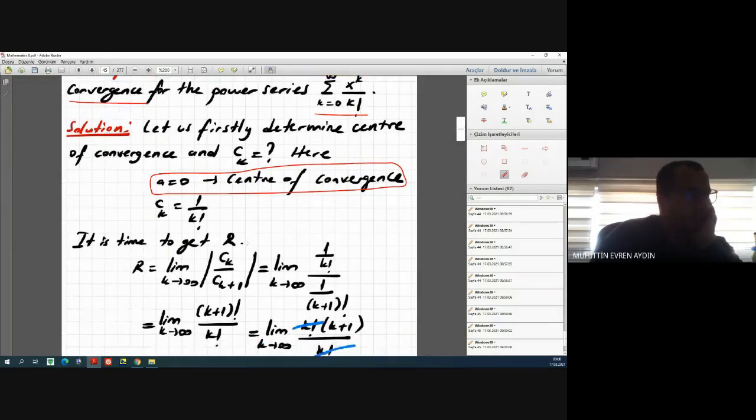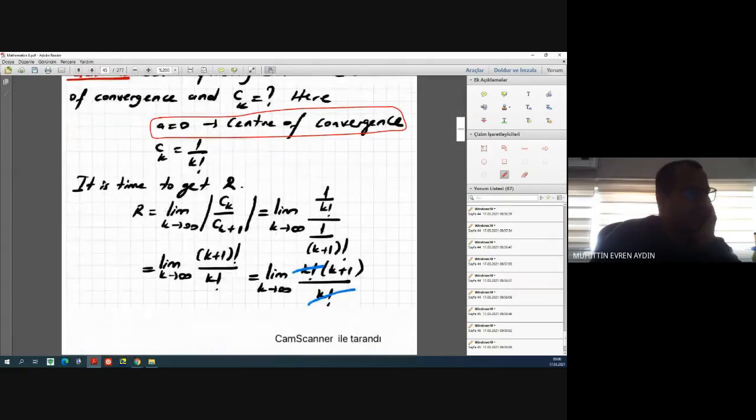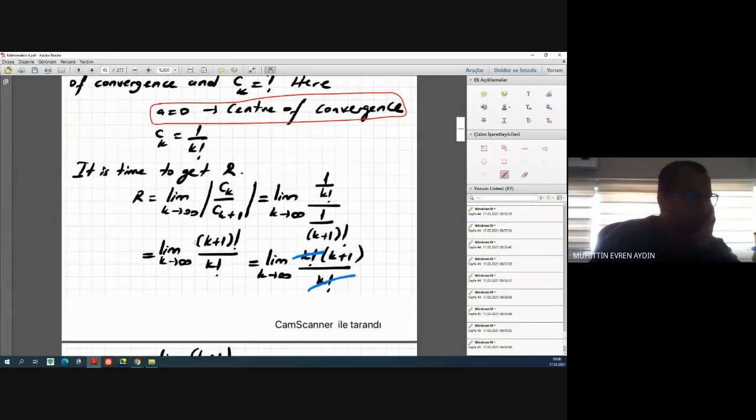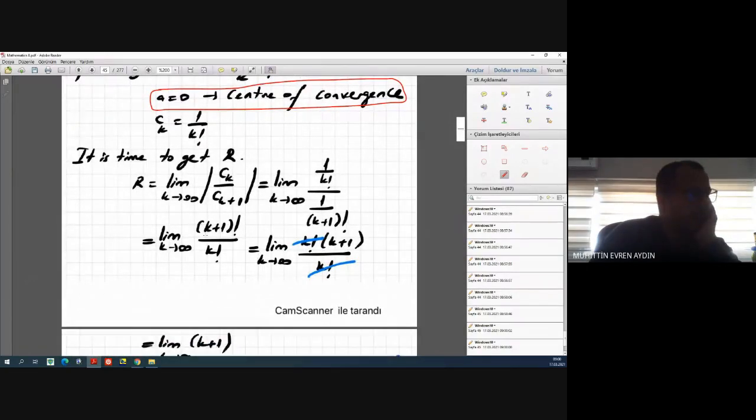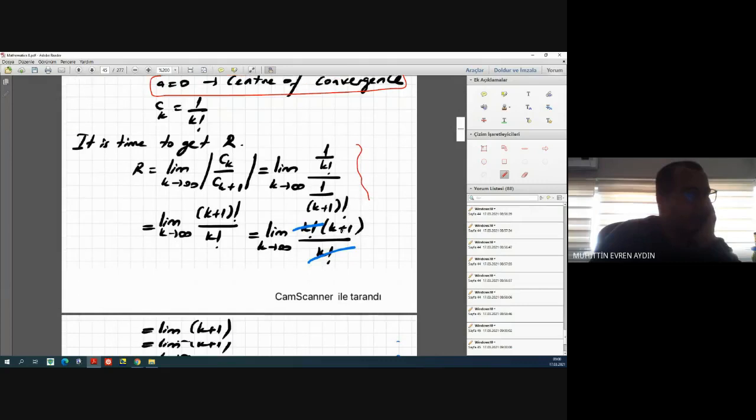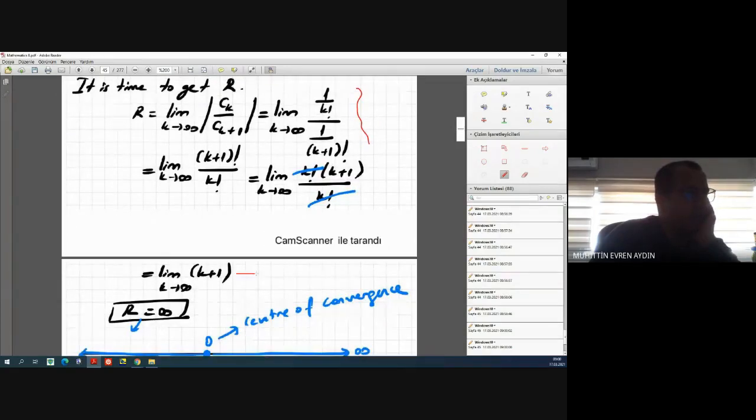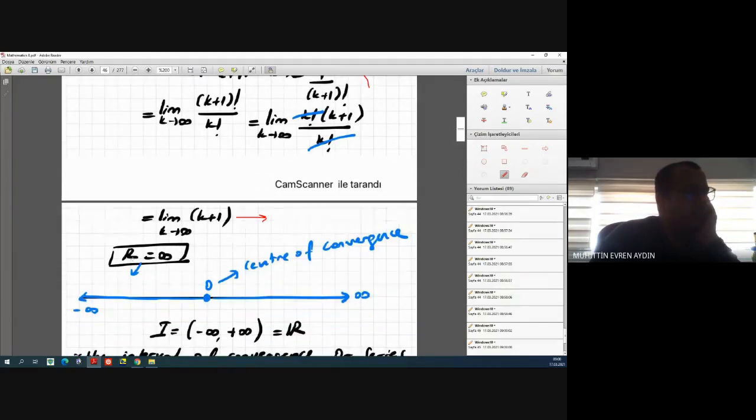So for the radius of convergence, after some manipulations, we use the properties of the factorial and find this limit, which is clearly infinity, which means that our radius is infinity.